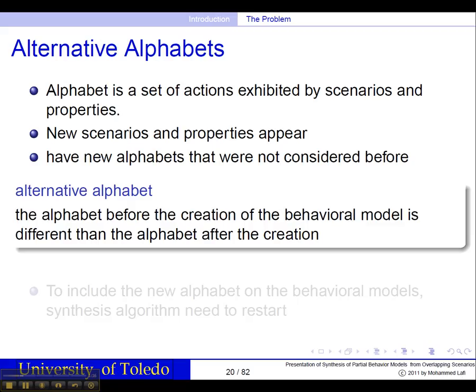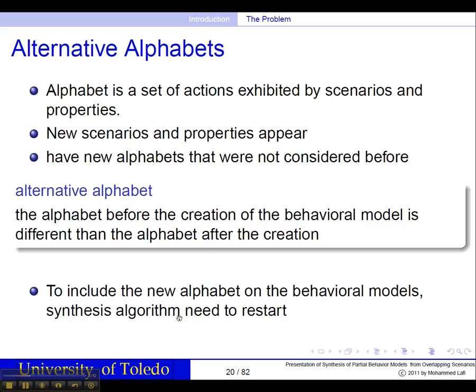If the new scenarios or the new property have a new alphabet, in this case we say that we have an alternative alphabet, because the alphabet before the creation of the behavioral model is different from the alphabet after the creation of the behavioral model. We will try to include the new alphabet in the new behavioral model without creating it from the start.